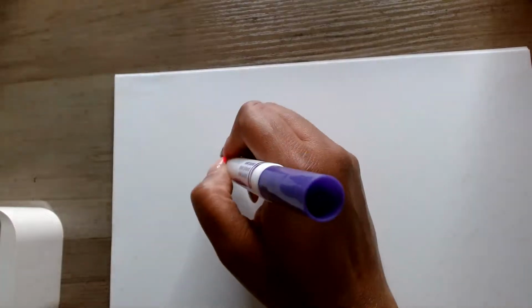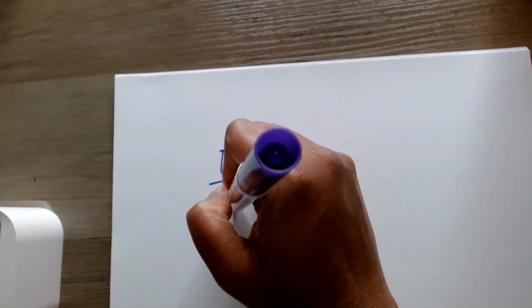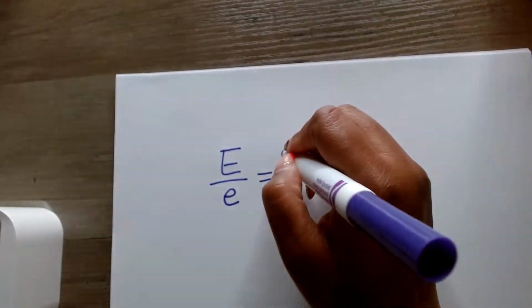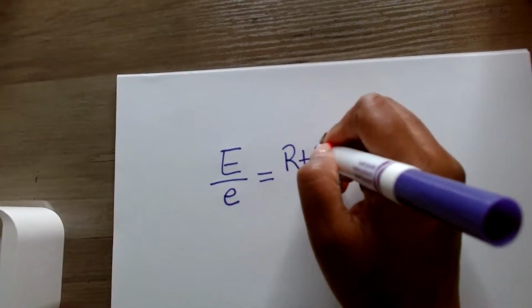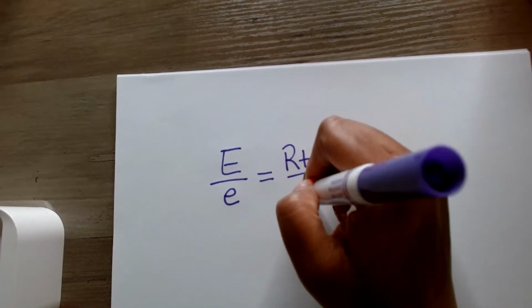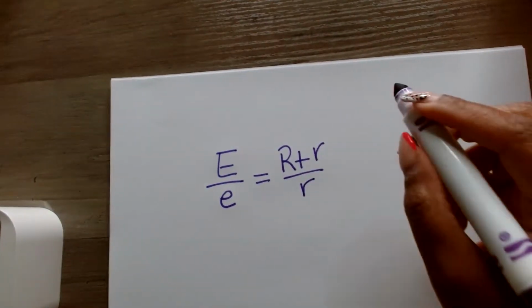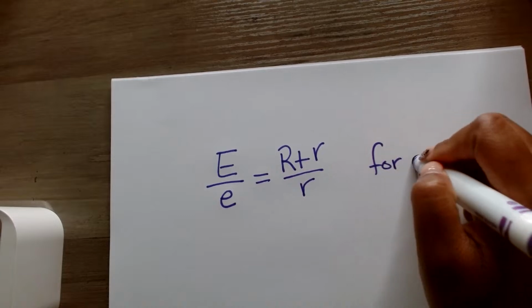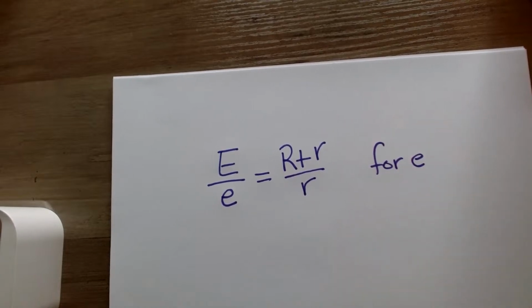So yes, I did say spicy. Okay, so we have that big E divided by little e is equal to R plus R over R. And it wants us to solve for little e.